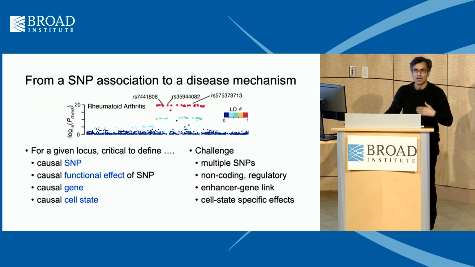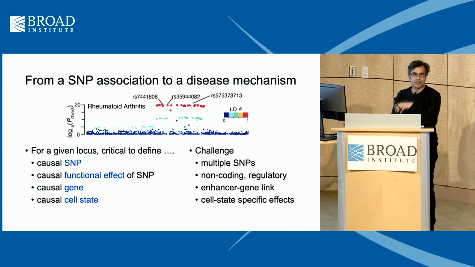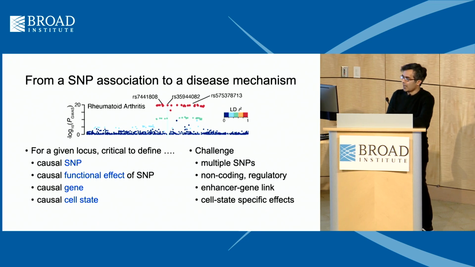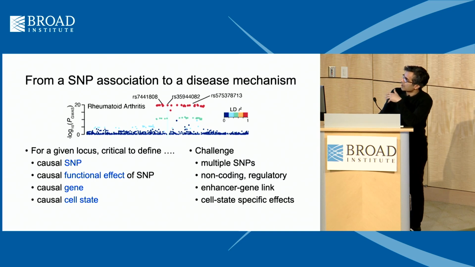So it's been great to hear all the different perspectives on going from a variant to function. And as Ben mentioned, I think a lot about autoimmune diseases, and I come at it from that angle. And as a lot of the talks alluded to today, for a given locus, it's really critical to not just discover an association, but to find the function.